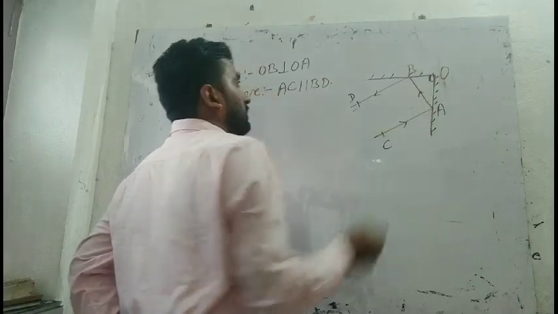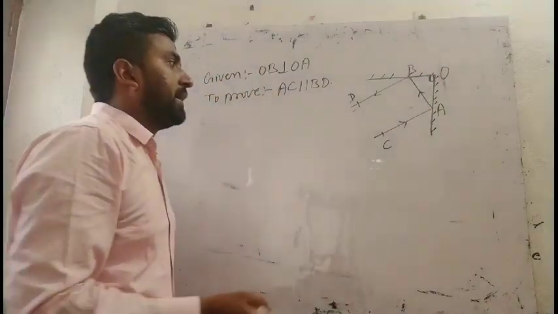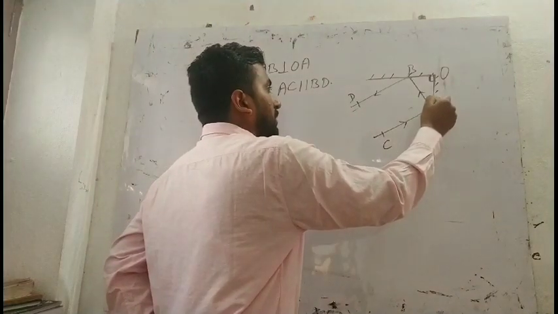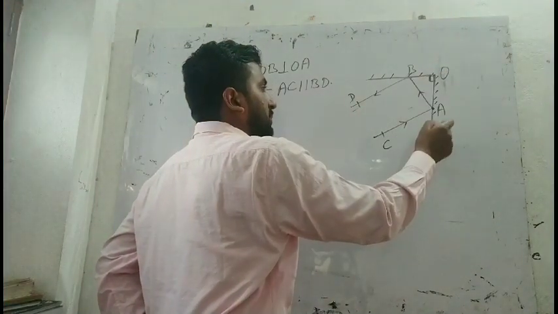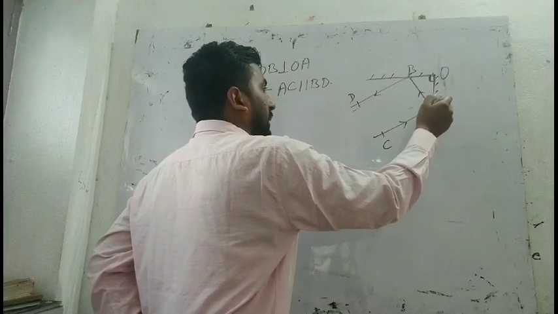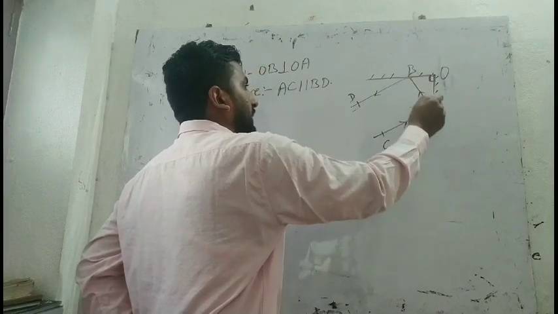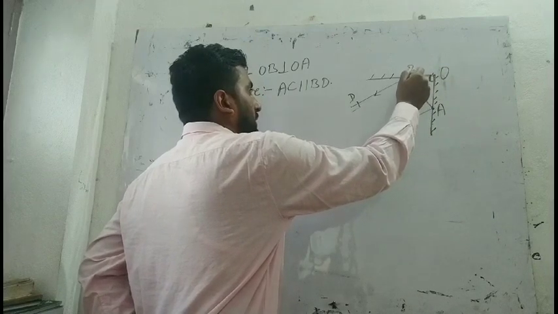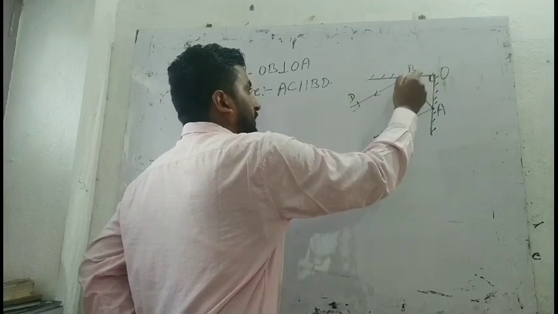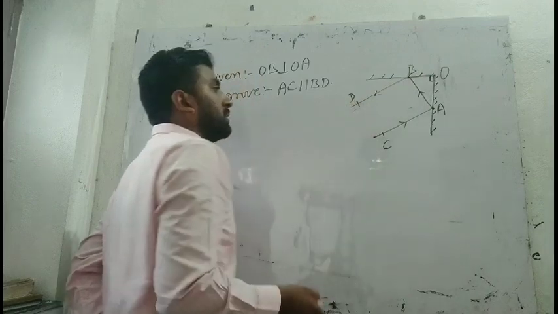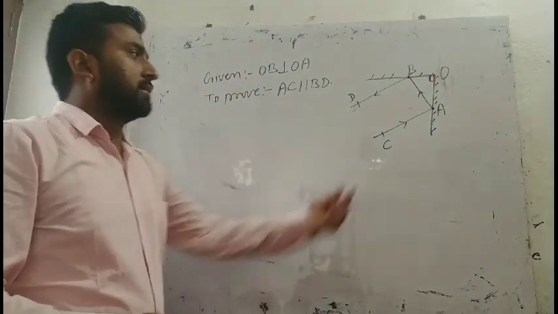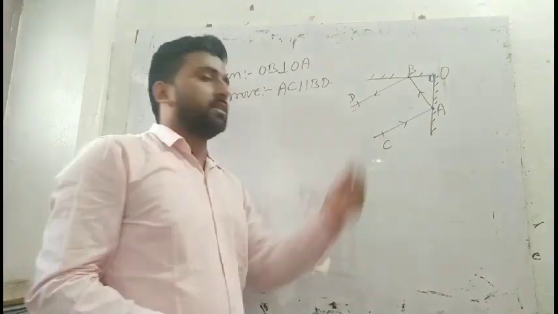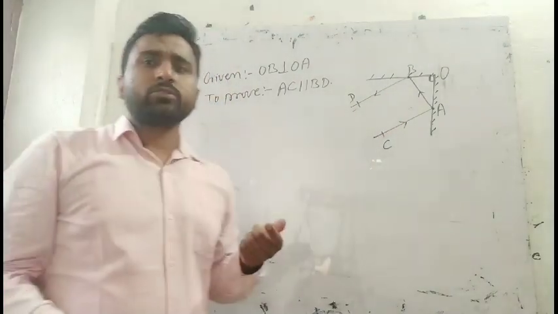An incident ray CA falls on this reflecting surface at the point of incidence A. After reflection, this reflected ray falls on the reflecting surface at point B, and it will reflect in this direction. Now we have to prove that CA is parallel to BD.